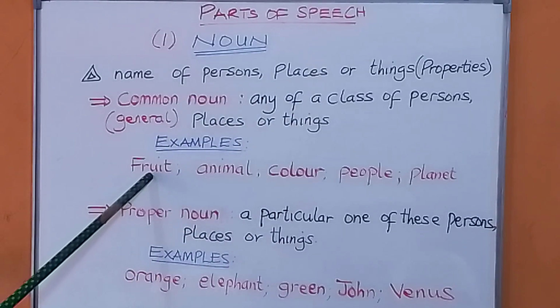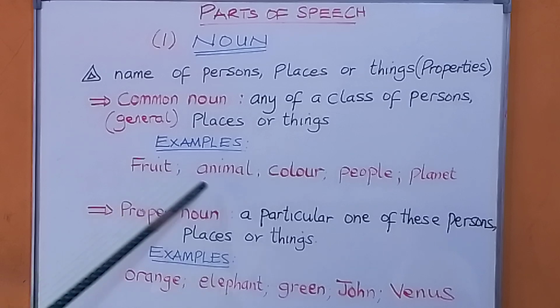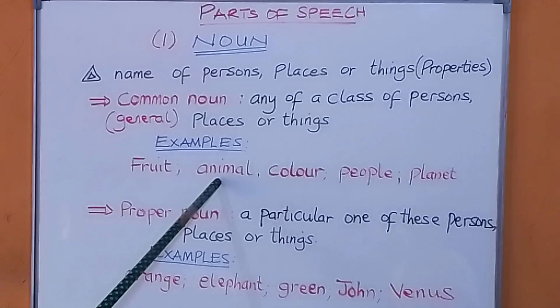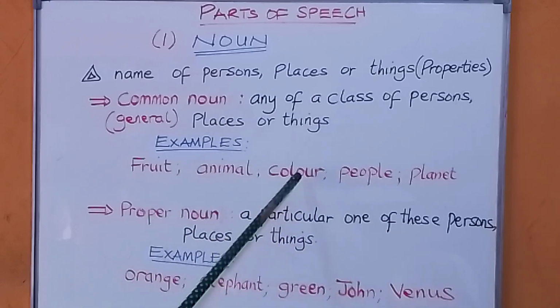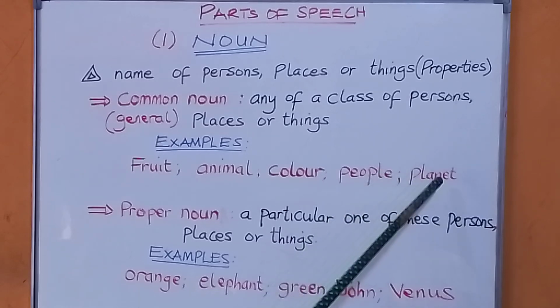For example, when you say fruit, we are not mentioning the type of fruit we are talking about. Fruit, that's a common noun. Animal. We are not talking about whether it's elephant or whatever. Animal, generally. That's a common noun. Color. That's a common noun. People. That's a common noun.